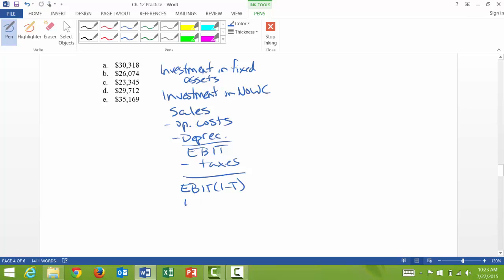And then we add back depreciation. And then we have at the very end the recovery of net operating working capital. And we have any salvage value, but there's not going to be, like we just did that problem involving salvage value. I'll write it here, but it will be 0. And so then we'll have the total cash flows, which is what we need.